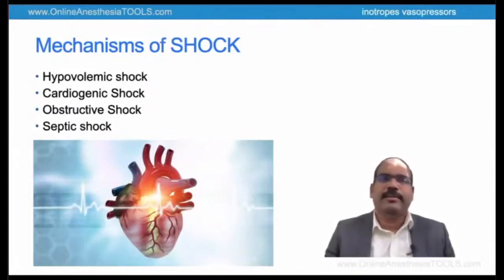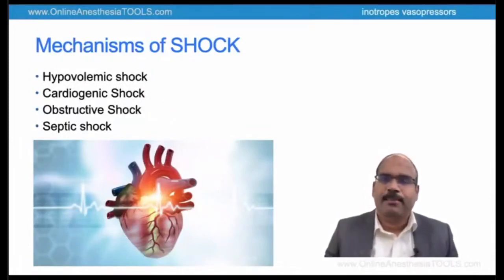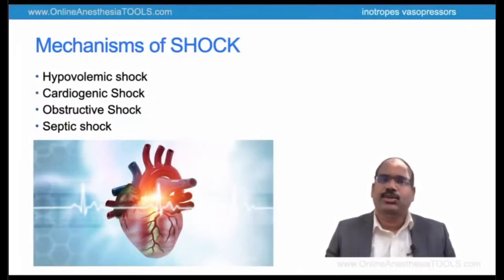The first one is the decrease in the venous return due to the loss of the circulating volume, as it happens in hypovolemic or hemorrhagic shock. The second one is the inability of the heart to function as a pump due to the loss of contractility or abnormal electrical activity such as arrhythmias, as in the case of cardiogenic shock.